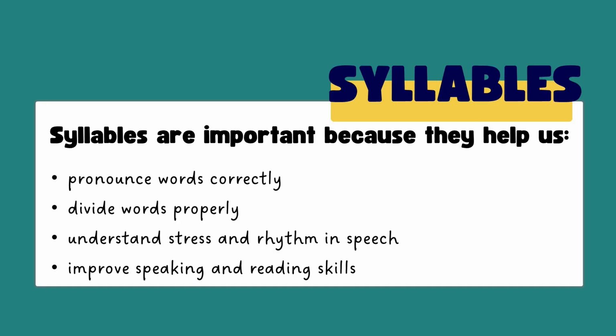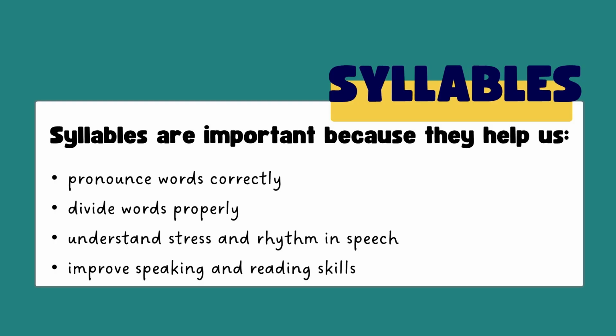Now, before we dive into syllable structure, let us ask the most important question. Why are syllables important? First, they help us pronounce words correctly. Second, they help us divide words properly when reading or writing. Third, they help us understand the stress and rhythm in speech. For example, in English, stressing the wrong syllable can sometimes make speech sound unnatural or confusing.